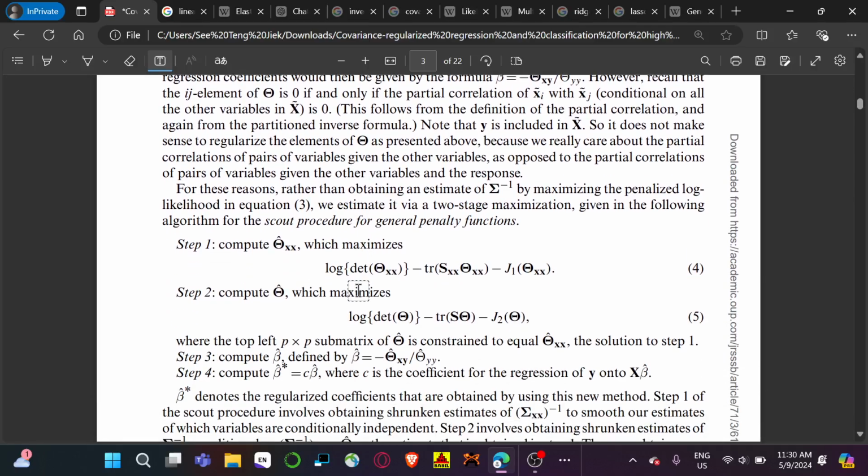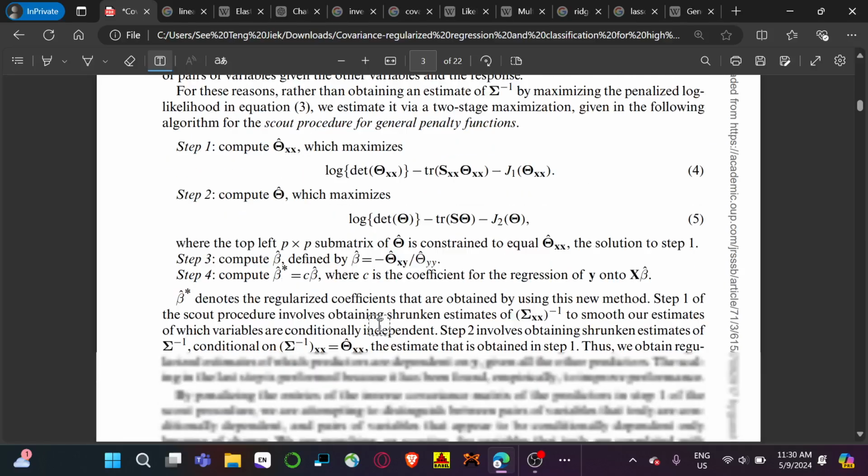So for that, they have to do some kind of an adjustment. They propose a two-step maximization approach. Firstly, you compute theta hat xx. After that, you compute theta hat, where the top left P by P sub matrix is constrained to equal theta hat xx, the solution to step 1.